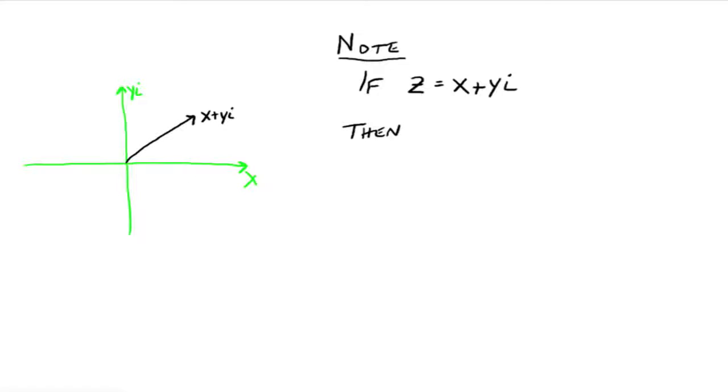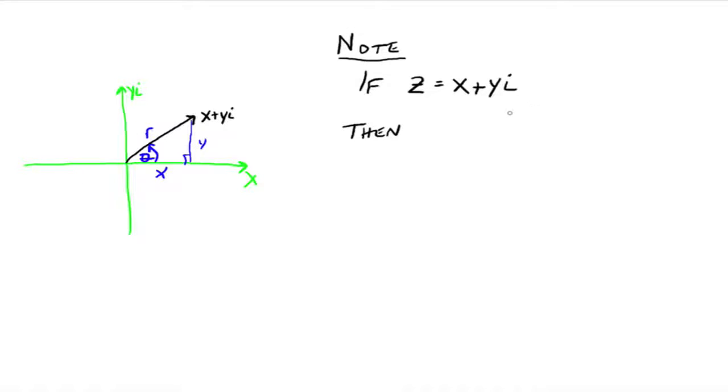All right, so now let's look at a note. We're going to let z equal x plus yi. Get this right triangle going on here. This is theta, and this distance is r, just from previous knowledge. So now we've got this triangle that corresponds to this complex number.